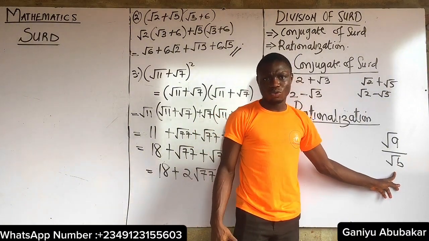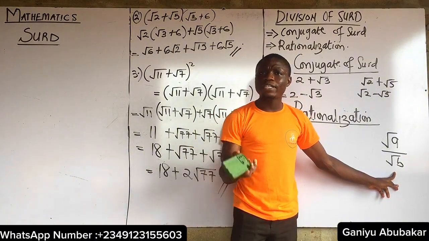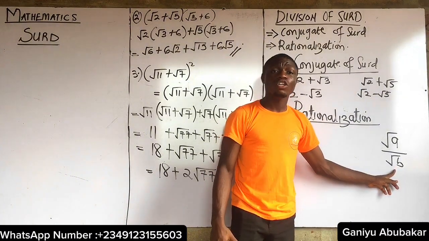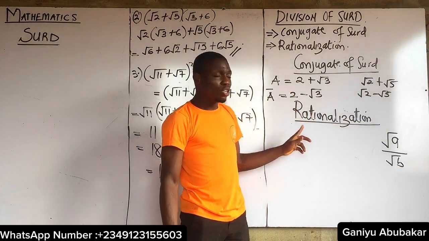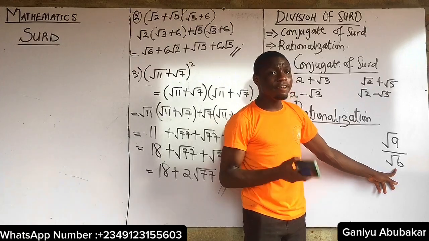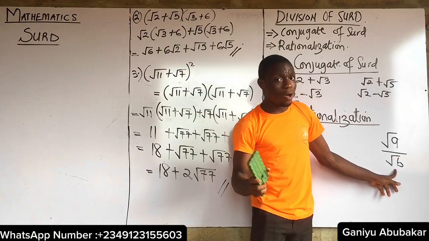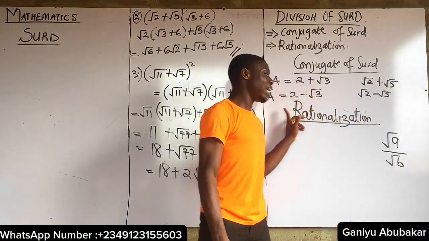So to avoid leaving the denominator as a square root, what do you do there? You rationalize.